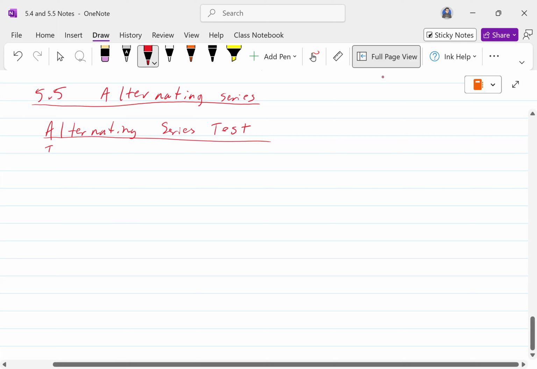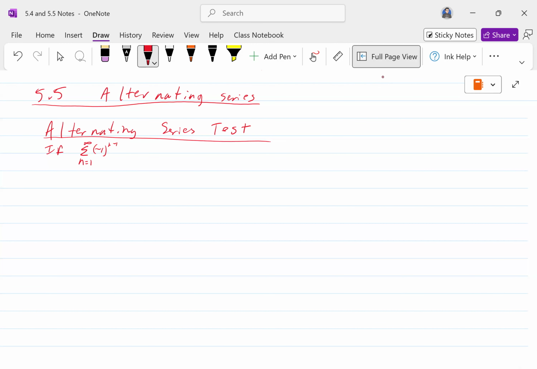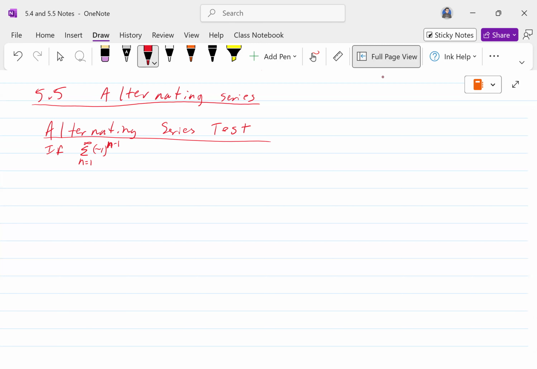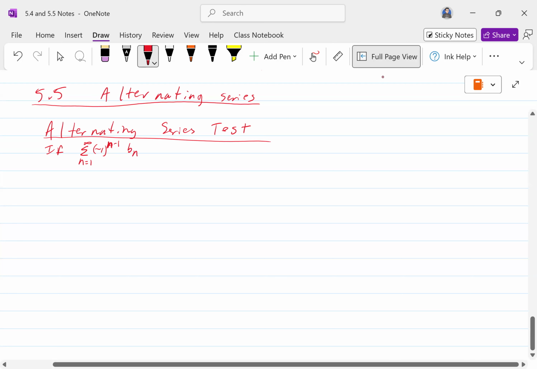This says that if we have a series that alternates, the sum from n equals 1 to infinity of negative 1 to the n minus 1, or n plus 1, it really doesn't matter, the minus 1 or plus 1 just allows me to start off with a positive coefficient first, times b sub n, that equals b1 minus b2 plus b3 minus b4 plus dot dot dot.